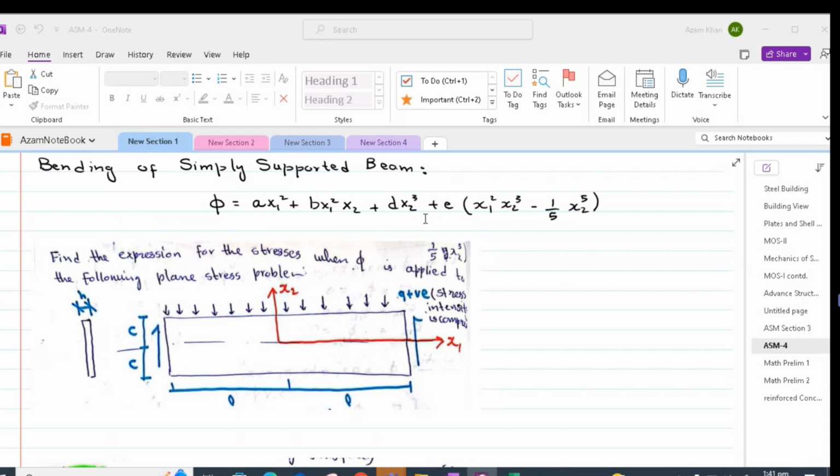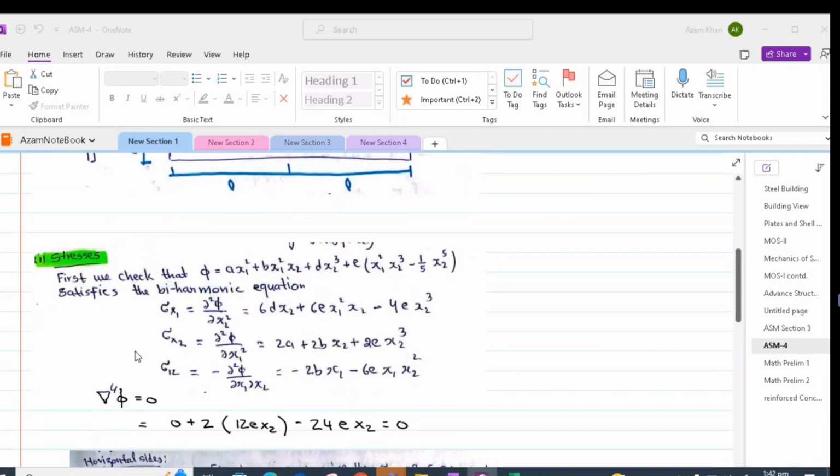If our number of unknown constants is less than 8, then we can use a smaller number of boundary conditions to find out our unknown constants. However, we have to make sure that the constants which are worked out are also satisfying the remaining boundary conditions.